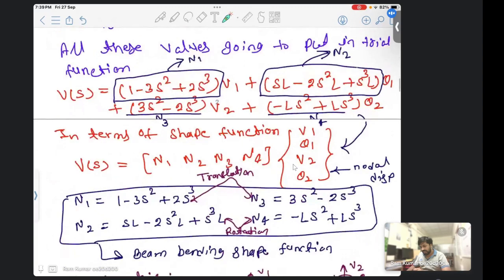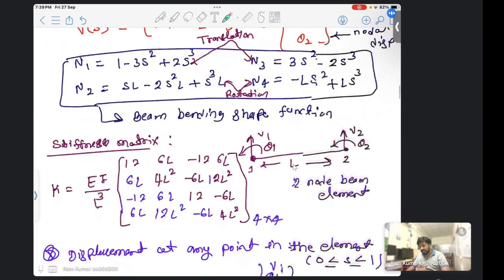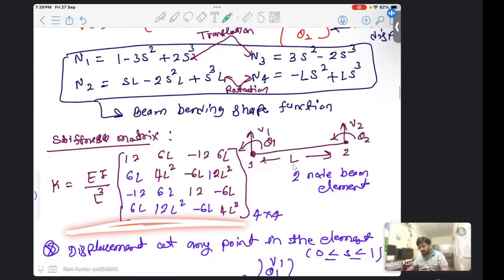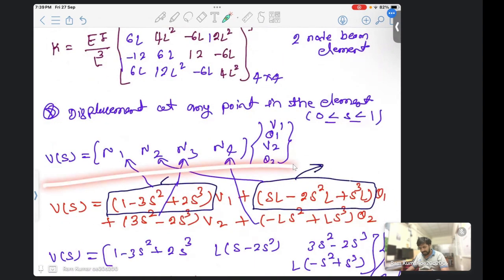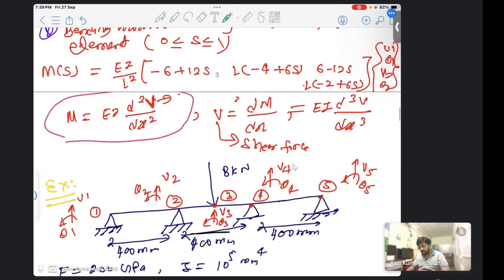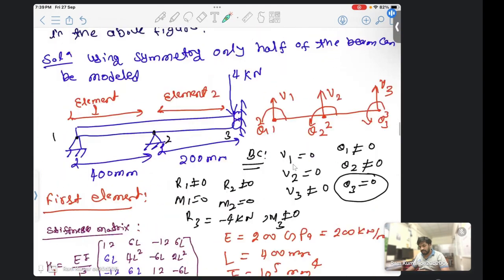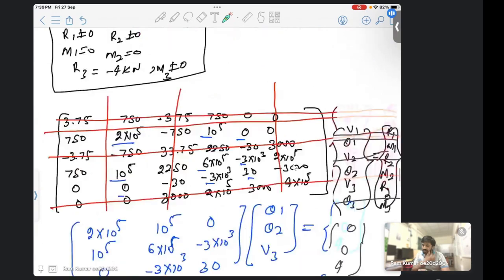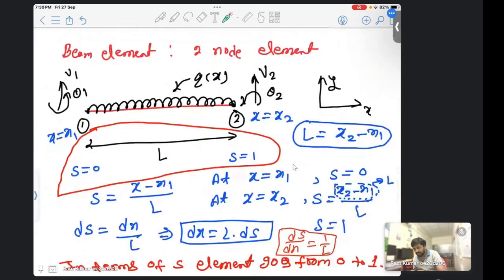Finally we record this one only. We don't have to learn that much derivation, only the shape function. Then finally the stiffness matrix for the two-node beam element, then how to write the displacement function, then the moment. Then we solved this very long problem here. Hopefully you got it.